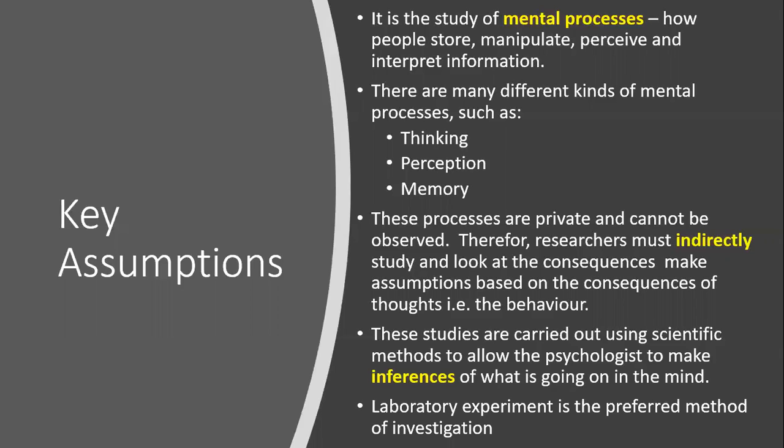So really, when we look at the cognitive approach, it's about understanding the way we think and how the way we think influences our behavior, because that's what the cognitive approach is saying.